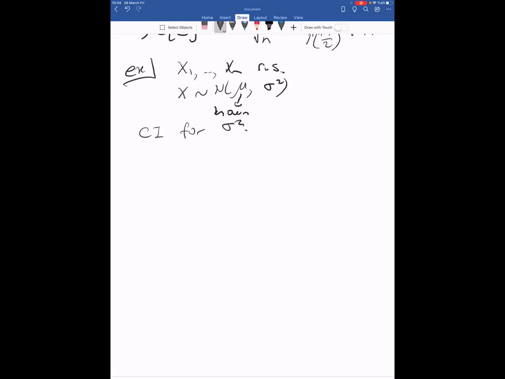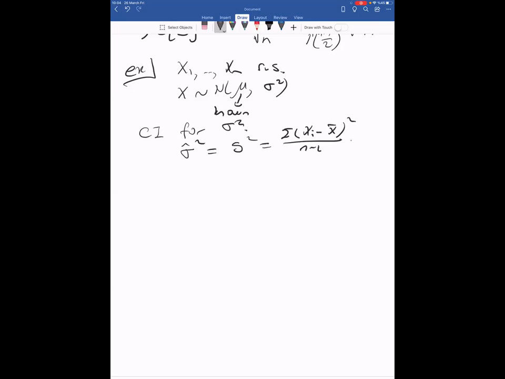Here we want to use the knowledge that we have about sigma squared, what type of distribution. We know the point estimator: sigma hat squared here is S squared, which is the summation of xi minus x bar, whole squared, divided by n minus 1.